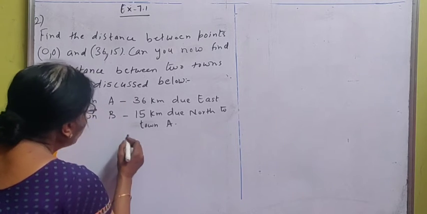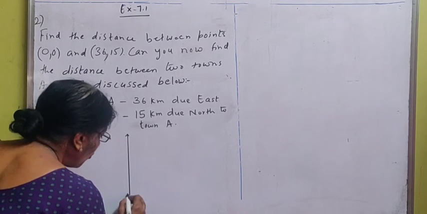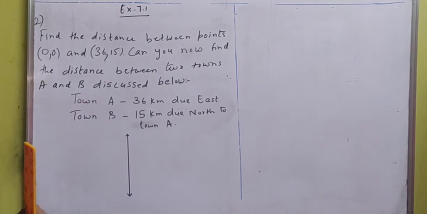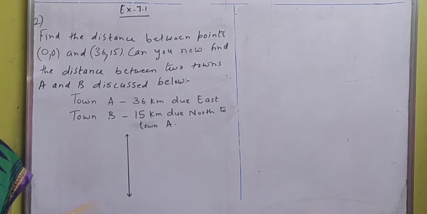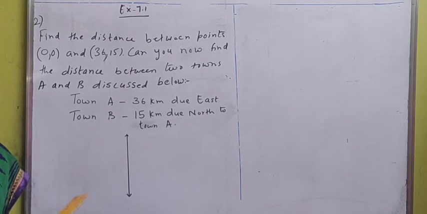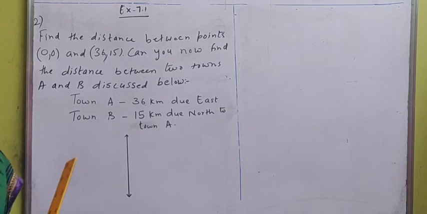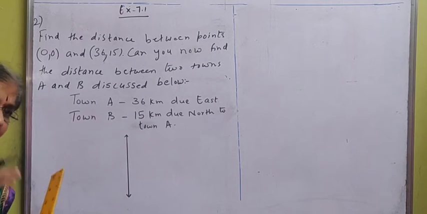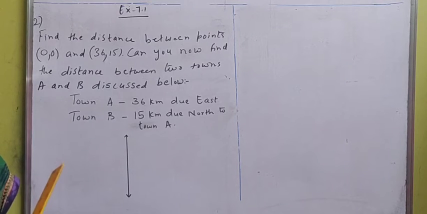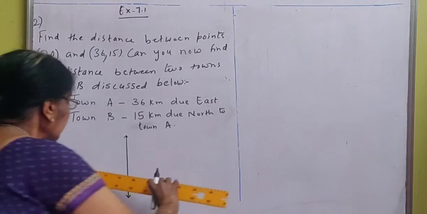Okay, how many directions are there? 4 directions are there: north, south, east, west. When we draw those 4 directions, what will happen? The north and south will get the vertical line. West and east will get the horizontal line.